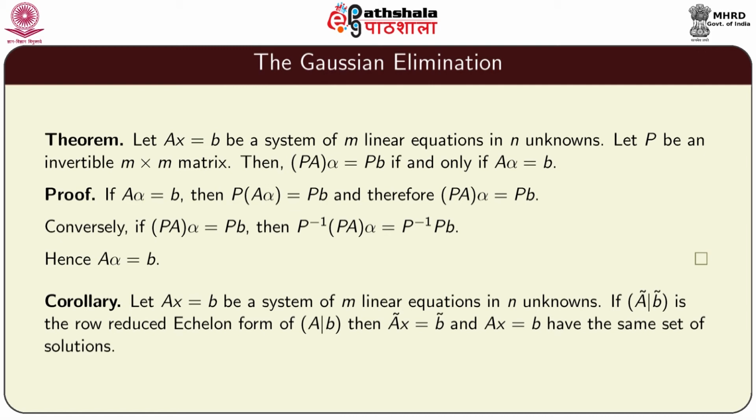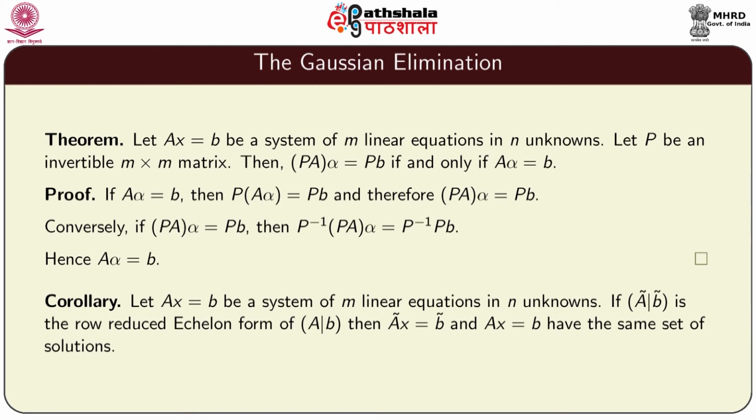That is why we take P to be an invertible m cross m matrix. And what is alpha? Alpha is a solution of the system of equations Ax equal to B. So that means alpha has to be an n tuple.